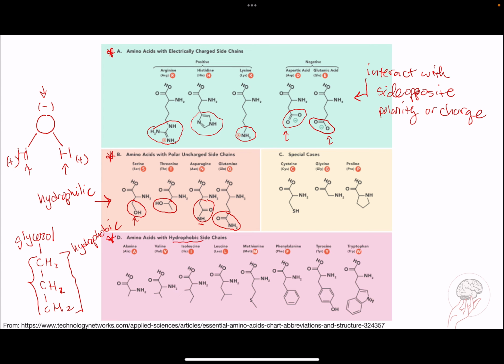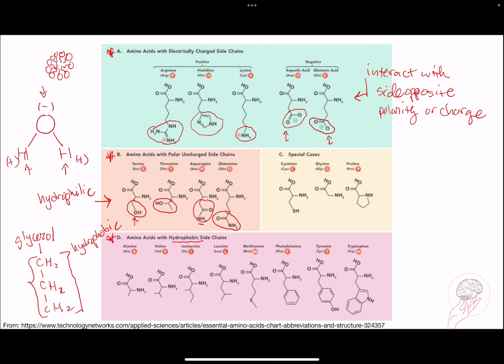We don't see any oxygens in here. This tail does not want to interact with water. And in fact, this is why we get micelles forming. Micelles are usually some form of lipids. We'll say they're a phospholipid here, and they turn their polar heads outwards, and they put their hydrophobic tails in the center.